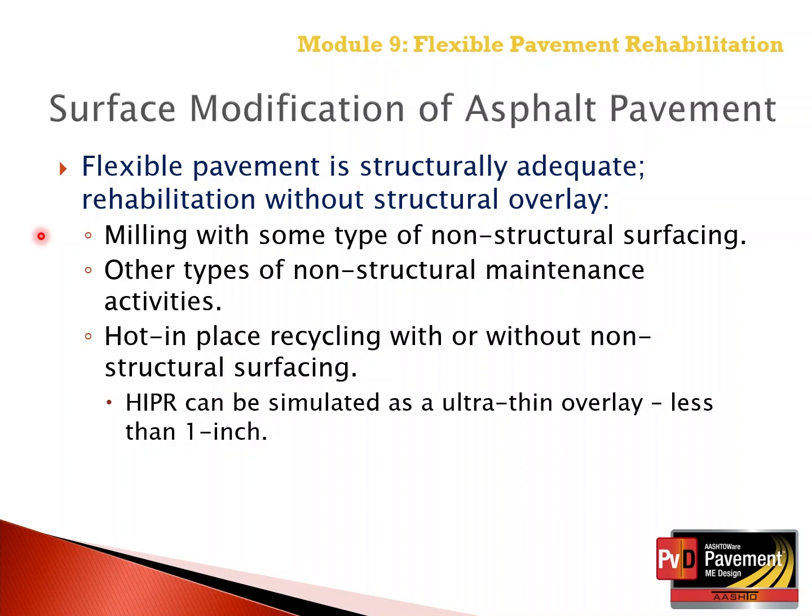The hot in place recycling layer can be simulated as an ultra-thin overlay or other surface treatments or modifications that are less than 1 inch in thickness. The key is that the thickness is less than 1 inch, which is the assumption for non-structural overlays or non-structural rehabilitation techniques.